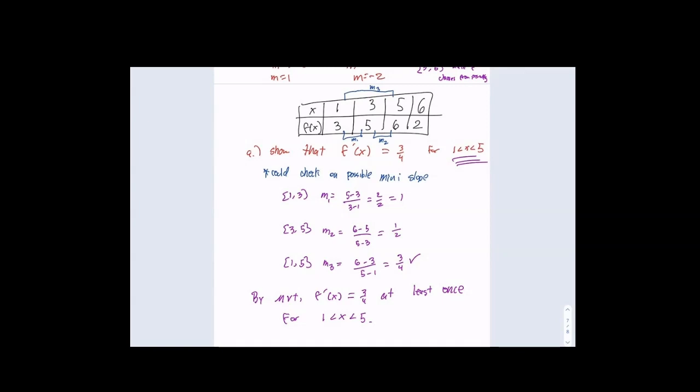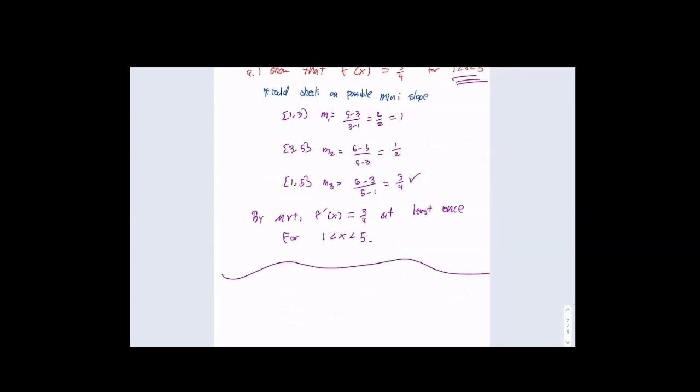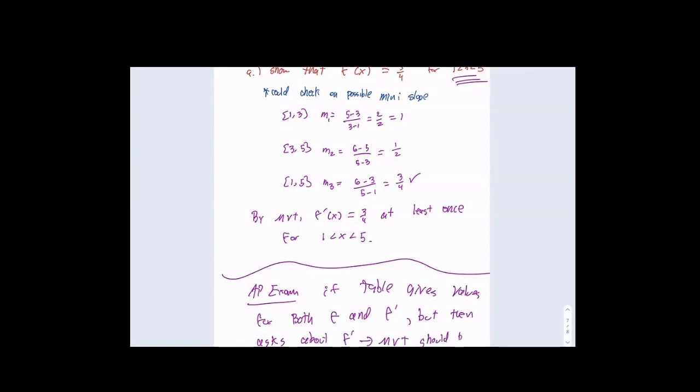I just want to note this: on the AP exam, if a table gives values for both f and f prime, but then asks about f prime, MVT should be used over IVT.